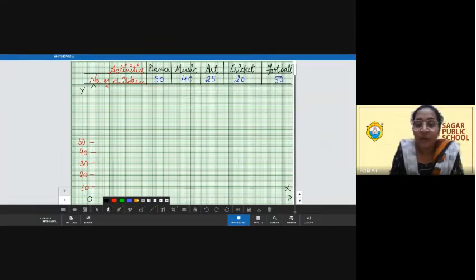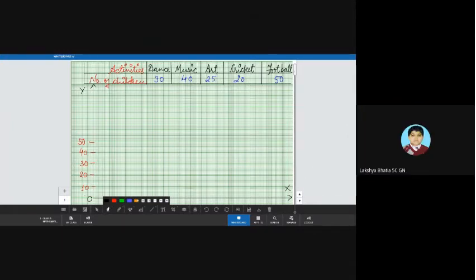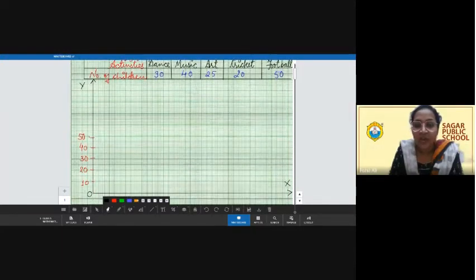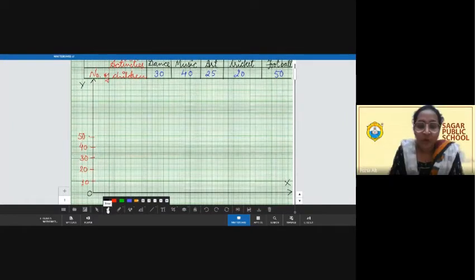Now what is the first one? Ma'am, dance 30. Okay, we have dance, and the number of children who like dancing is 30. So here I need to make a bar of 30. Fine. So here I'm going to make a line. And the height of the bar should reach up till 30, like this.